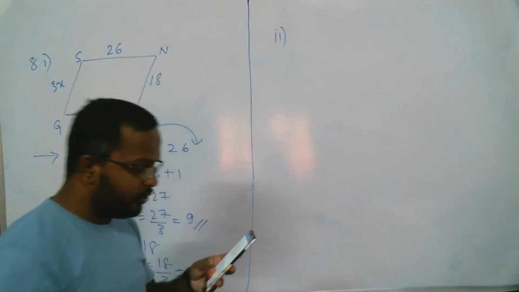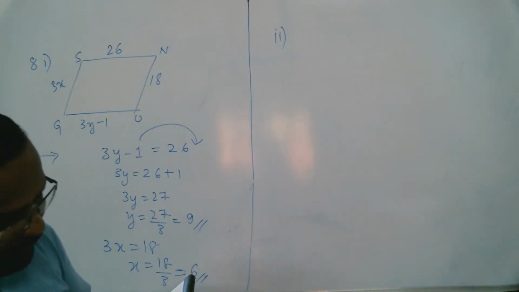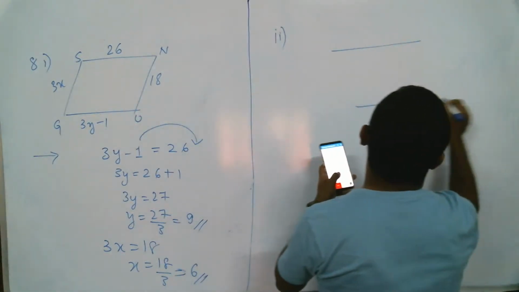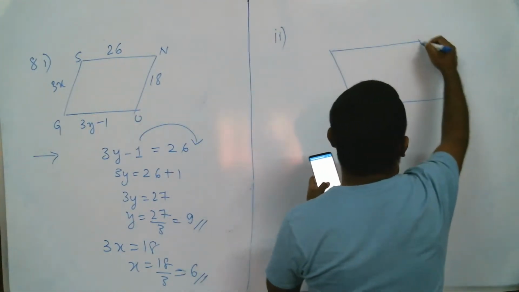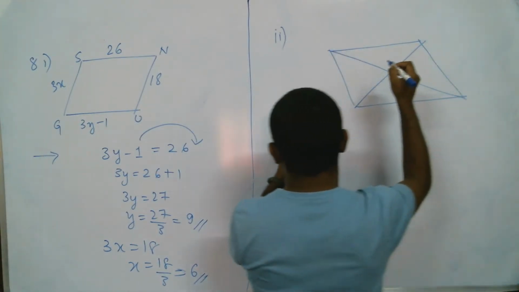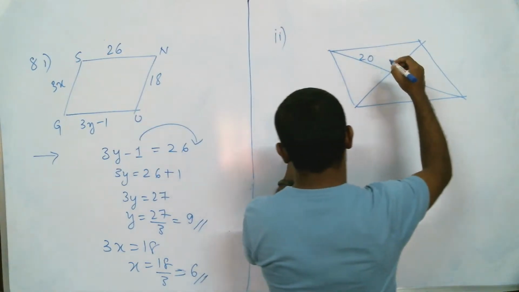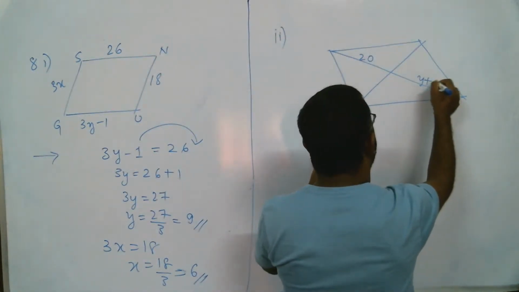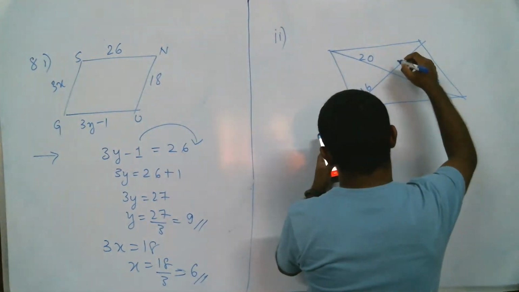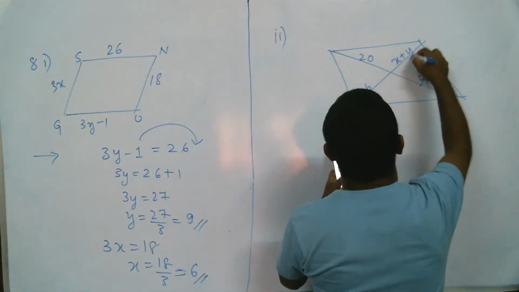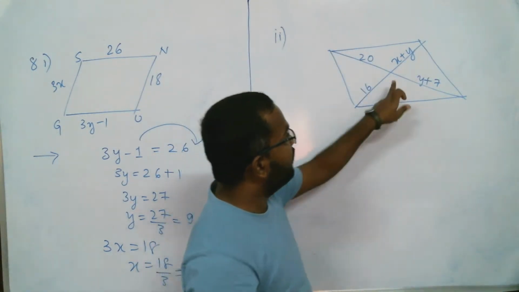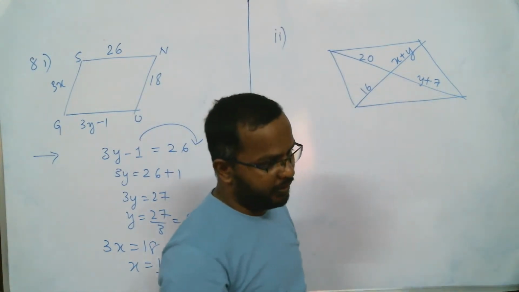In the second question also, they are asking you to find the values of x and y. The figure is this one. Let me draw it. See here, from here to here it is 20, and from here to here it is y plus 7.